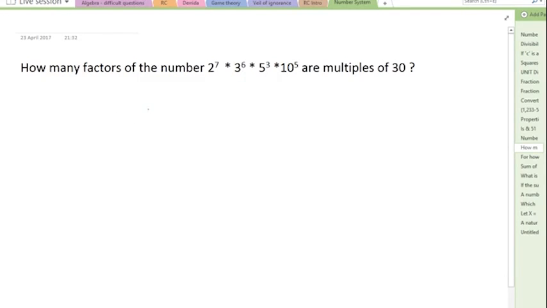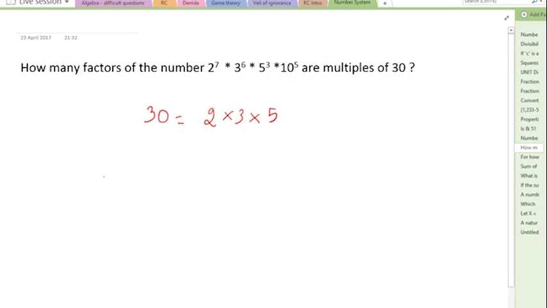30 here can be written as 6 into 5, right? So 2 into 3 into 5. You need to know how many factors of this number are multiples of 30.